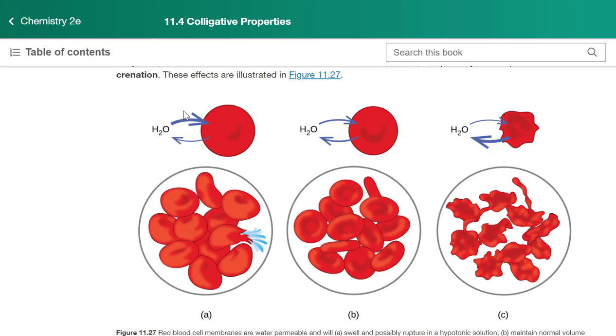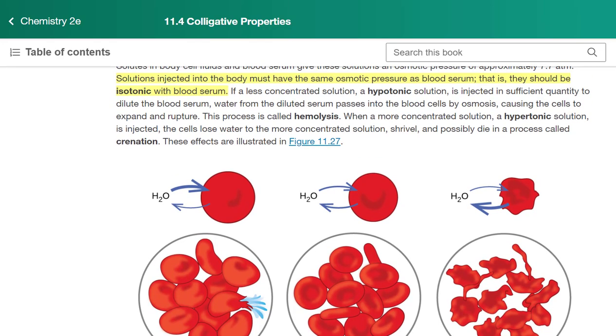So all this water keeps flowing into the red blood cell, and it will eventually burst. And that's a problem. We would not want that to happen. So that is called a hypotonic solution. So it's less concentrated. So we're assuming maybe a pure water, and it causes a problem.